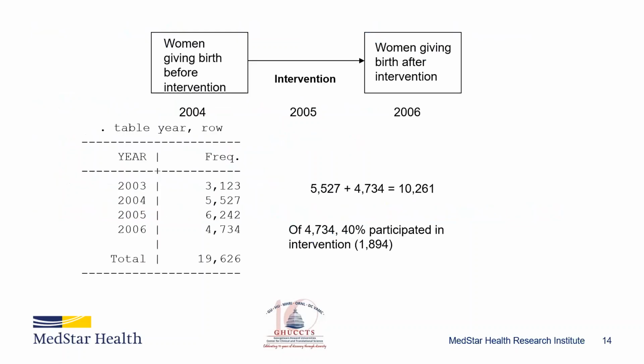So here's a schematic of what we have. The data for before the intervention was from 2004. The intervention occurred during the year of 2005, and then the women giving birth after the intervention in 2006. So basically the comparison is for women before the intervention versus women after the intervention.